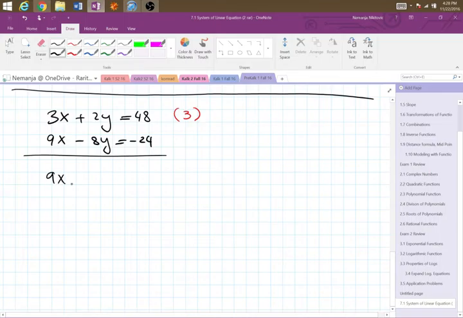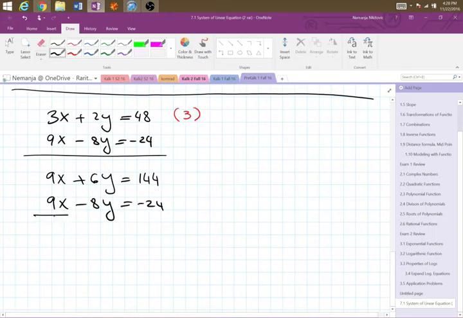So I have 9x plus 6y equals 144. And I'm copying the equation below because nothing has changed. And now I'm subtracting equations.